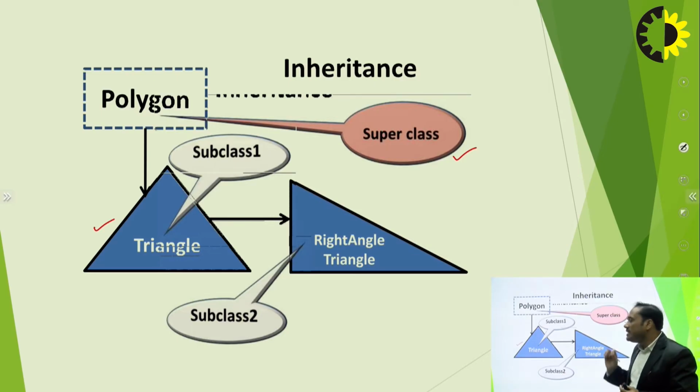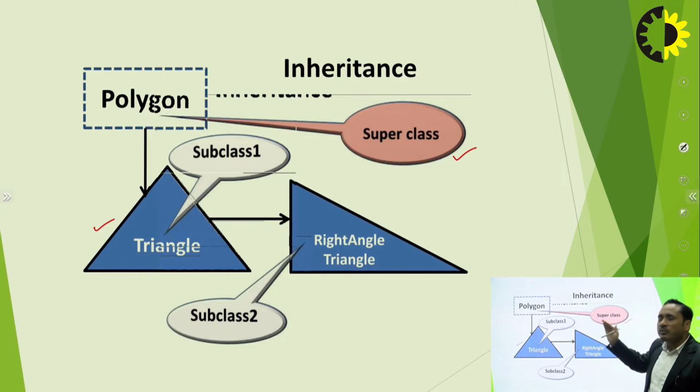So triangle is a subclass, and in triangle we can draw three different types of triangles: right angle, equilateral, and isosceles. You can draw these three types by using the triangle subclass. These are the properties where inheritance is applicable. Inheritance is applicable starting from the polygon.